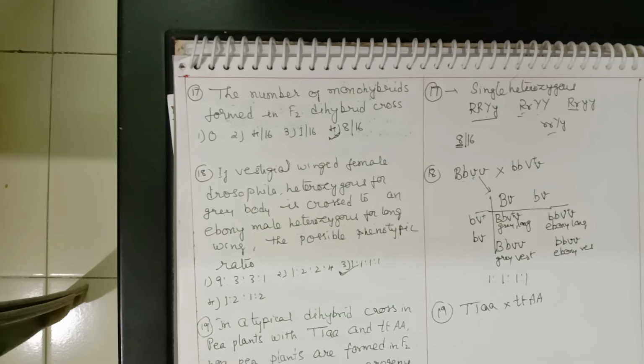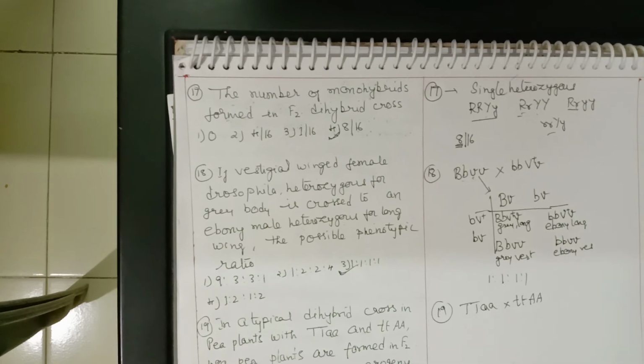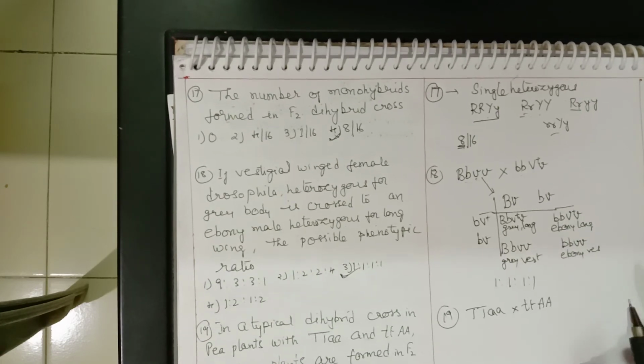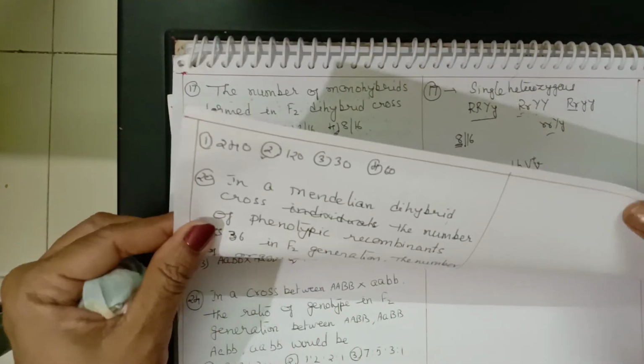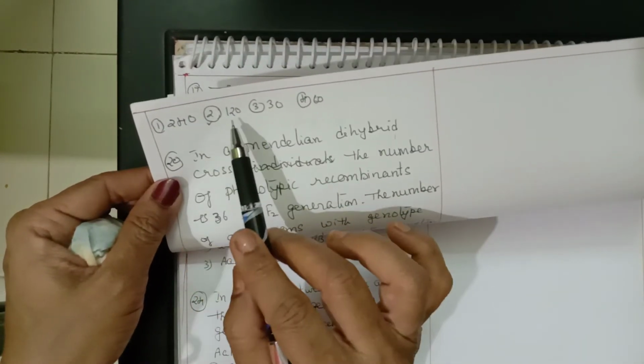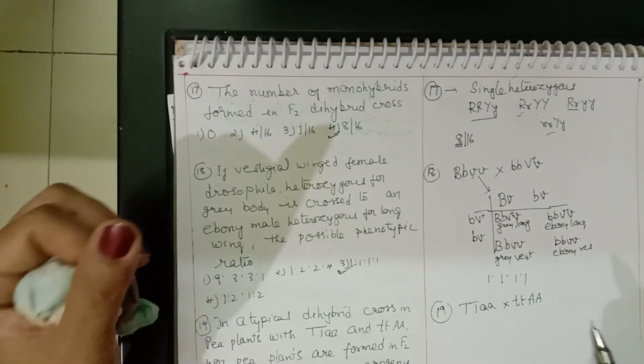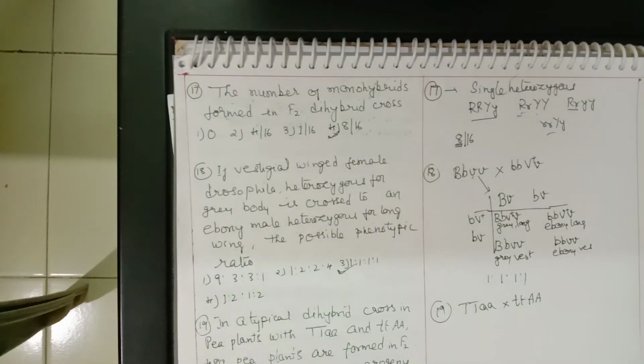The expected number of progeny homozygous for only tallness. So what will you get? Four options are given here: 240, 120, 30 and 60.